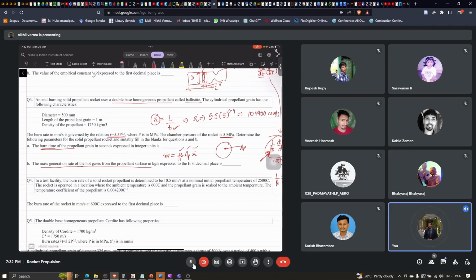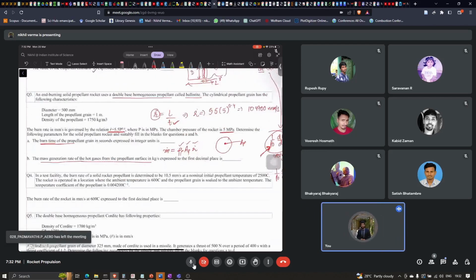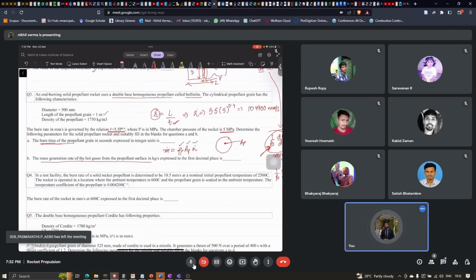Okay, so if you substitute this, you know the length of the propellant. If you divide 1 by 10.4700, and since it is in meters, you have to multiply by 1000.